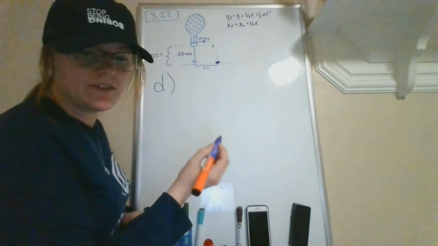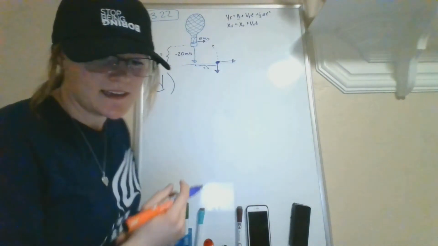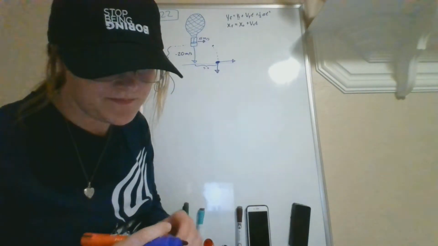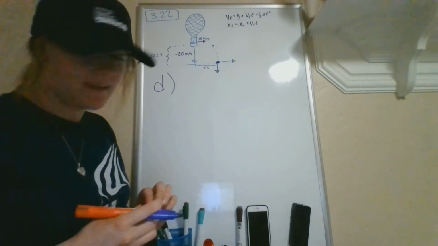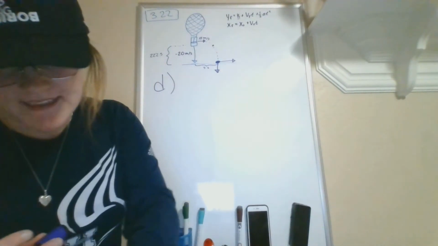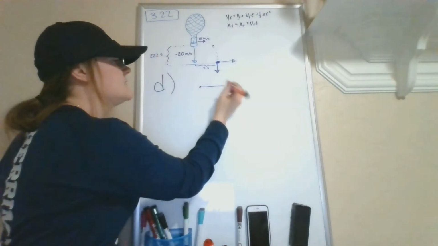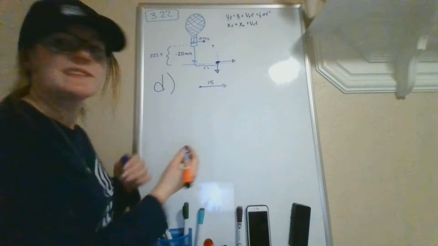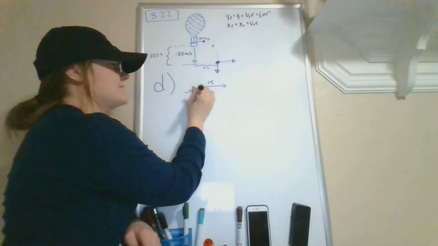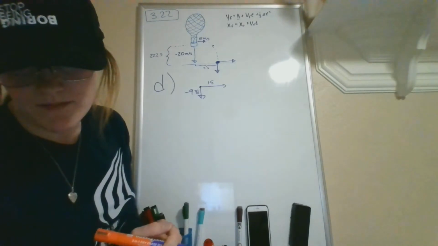Okay, so we have our observer, and they want to know the horizontal and the vertical components. When we're at rest in the basket, it's still traveling at the same horizontal velocity, which is 15 meters per second, and it's falling with the acceleration of gravity, which is negative 9.81.